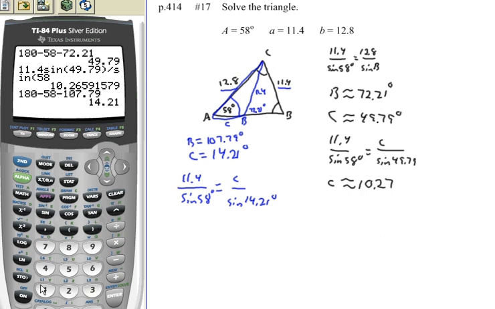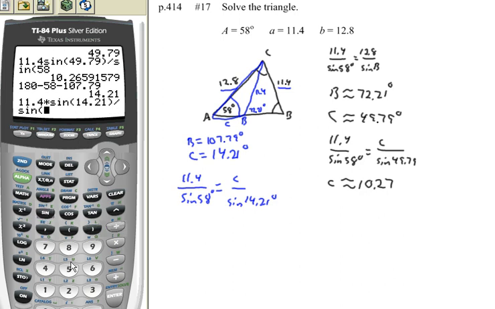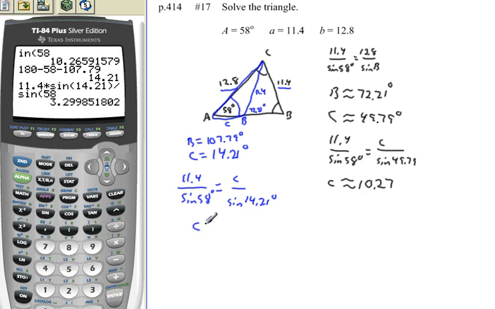If I use my calculator one last time, I can say 11.4 times the sine of 14.21 and divide that by the sine of 58 degrees. That gives me the new side C, which is about 3.3 units long. So I've got two sets of solutions, one over here, one over here. They both work given the original dimensions.